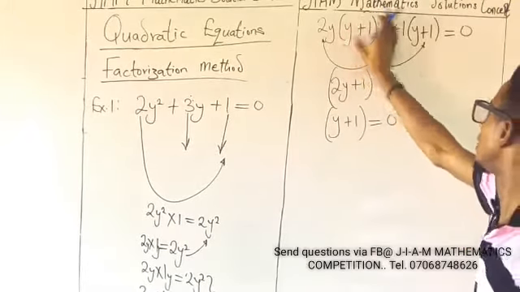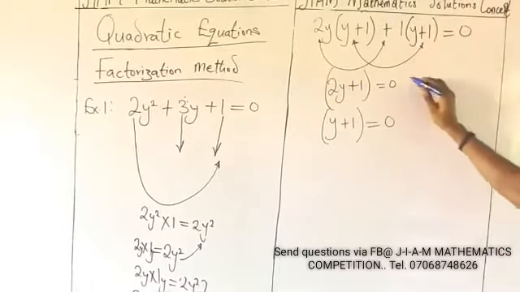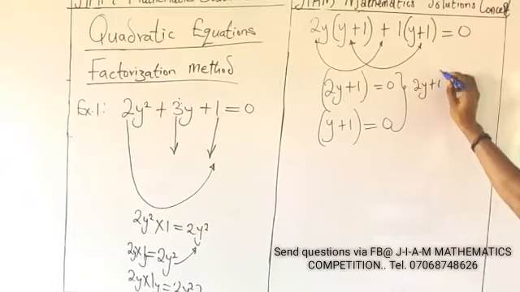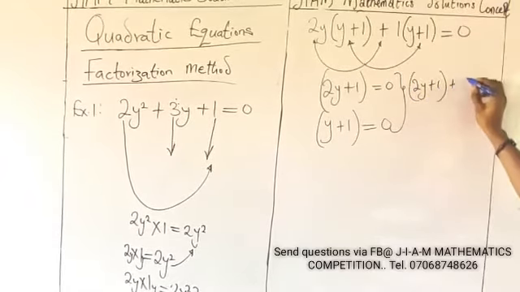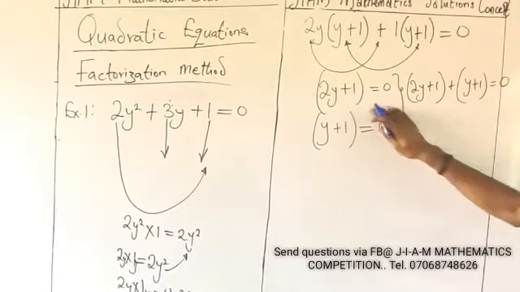That is to say, 2y plus 1 times y plus 1 all equals 0, before you come to this point.